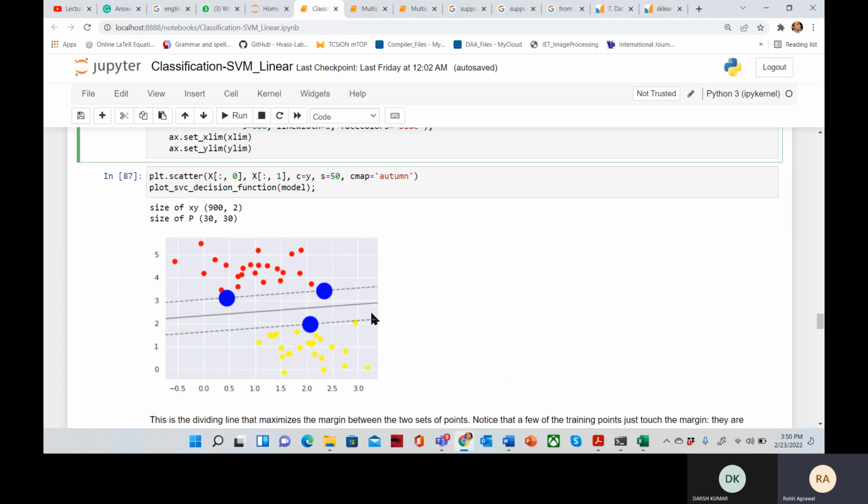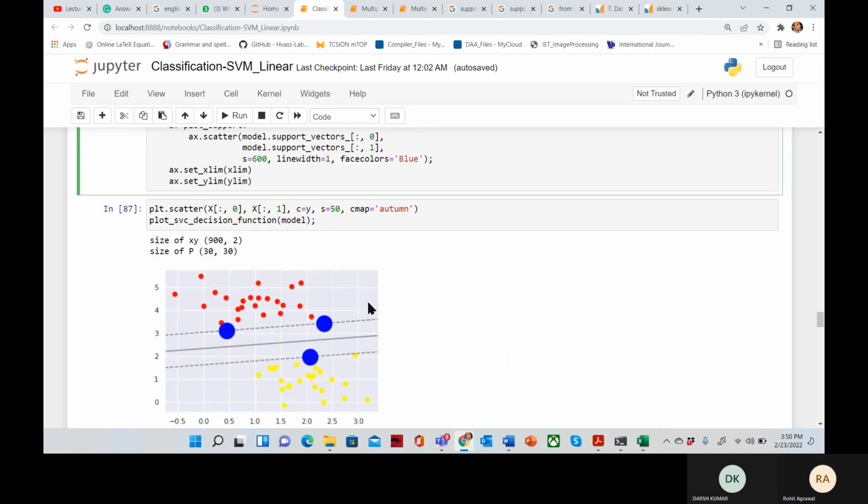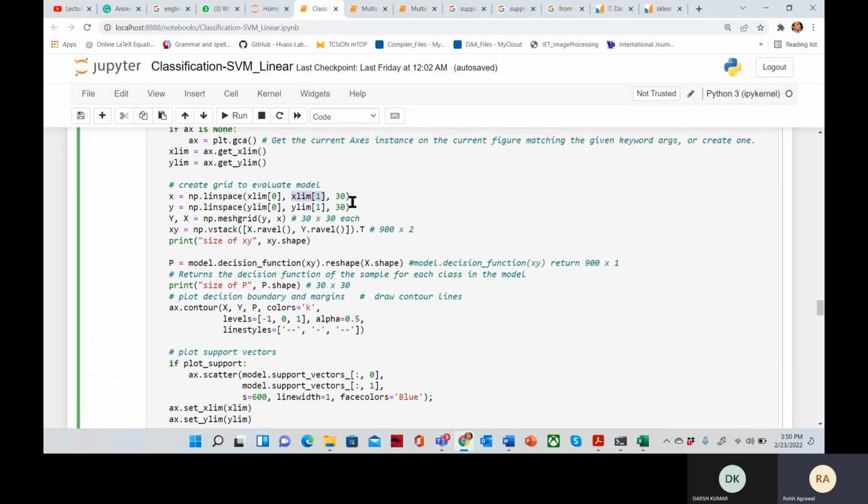Yes or no? These are not fixed, meaning you can write 100 here, you can write 200. This is the x value, and I'm writing a grid here.